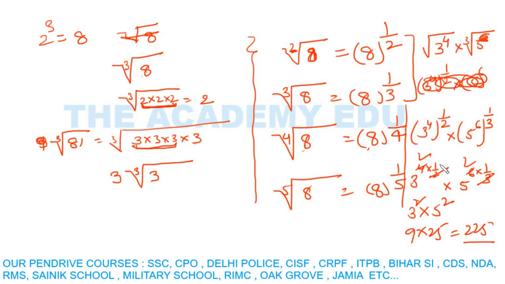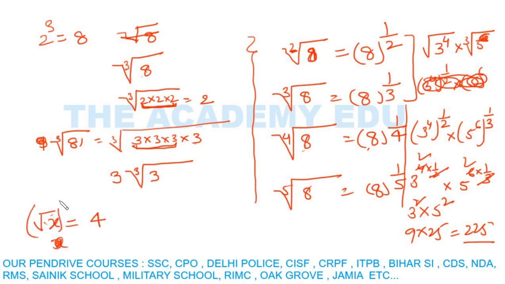Anywhere you can use it whenever there is a need. Got it? One thing more which I forgot to tell you. Suppose root x is equal to, say, 4. How can you remove this root?